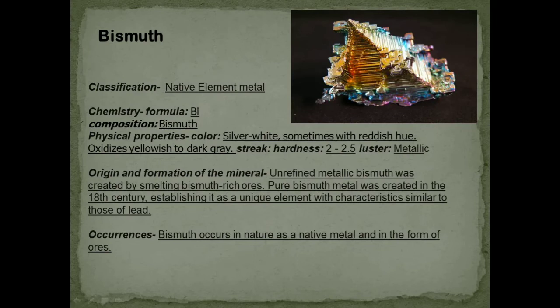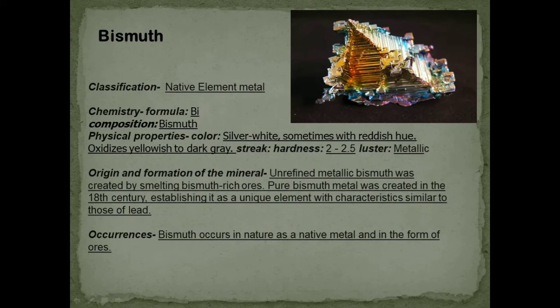An example of a native element is bismuth. Bismuth's composition is its element, which is bismuth. It has a color of silver white, sometimes with a reddish hue, oxidized yellowish to dark gray, streak is silver white, hardness is 1 to 2.5, and luster is metallic. Bismuth was created by smelting bismuth-rich ores.